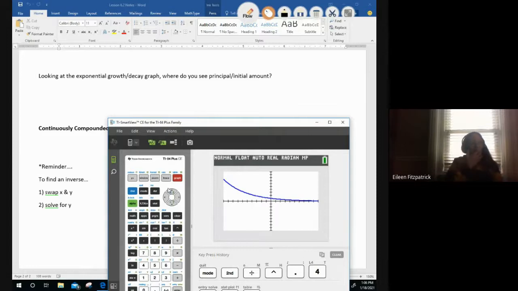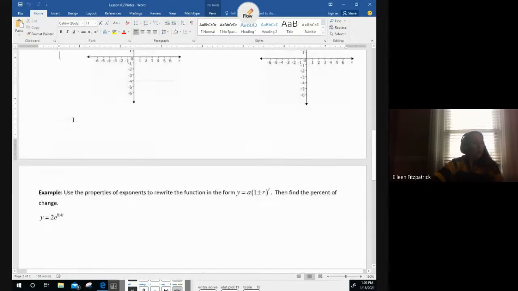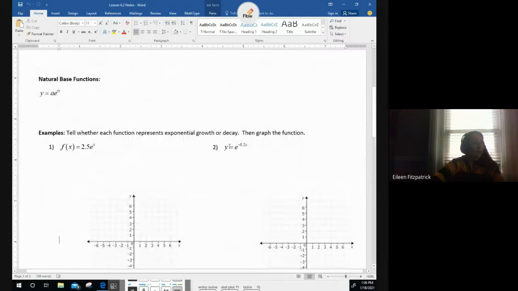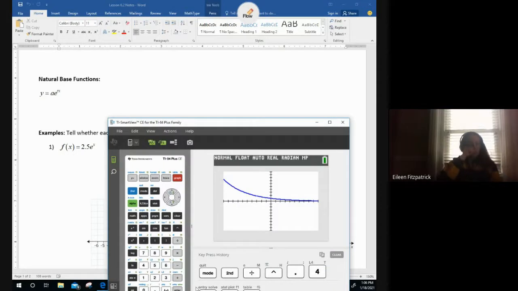Where do you see the initial value, the a value? Let me go back up for this graph right here. Its a value is a 1. So where do you see that on the graph? Do you notice the y-intercept is a 1?